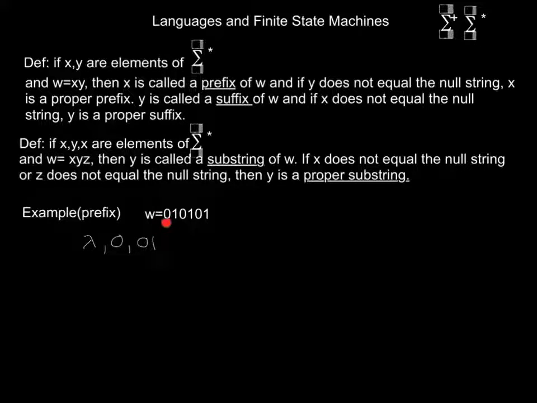Here we would consider 01 our prefix, the x part, and then our y part is 101. Then we have 010, which is over here. We have 0101, which is here. We have 01010, considering this the prefix. And then we cannot include 010101 as x, because then y would be the null string. So this is it for our proper prefixes.